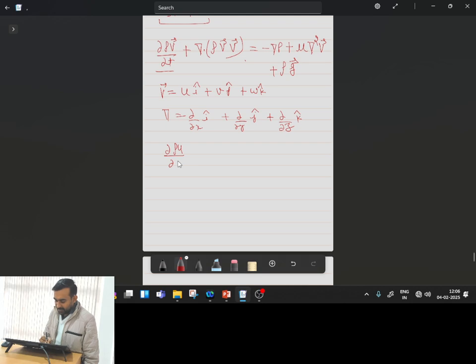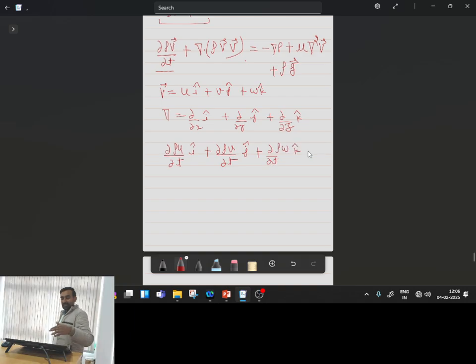Del rho u by del t i cap plus del rho v by del t j cap plus del rho w by del t k cap. Likewise, if you replace all the vector quantities in all the terms, ultimately you get terms with i cap, j cap and k cap. So it means the momentum equation is nothing but a vector equation, because momentum is a vector quantity.